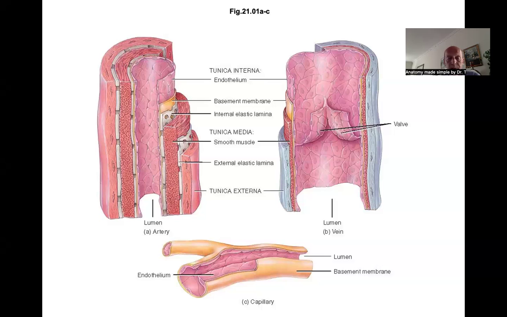If we compare the thickness of tunica media within the wall of an artery and immediately try to see how much of that we're seeing in the wall of a vein, we notice the huge difference. Arteries have much thicker tunica media. Why? They need to generate that pressure that is overcoming the tissue resistance. So blood forcefully has to be injected into tissue, and it cannot be done in a passive form.